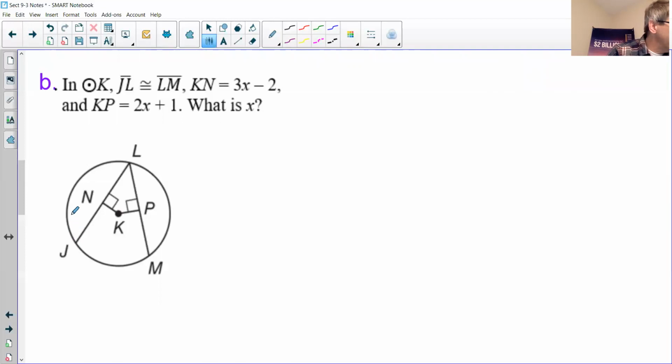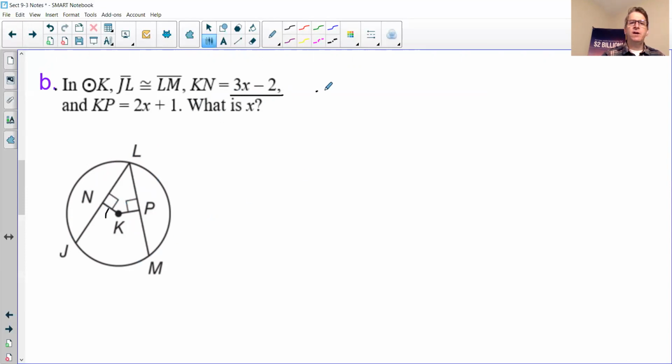And it says here, KN is 3x minus 2, and KP is 2x plus 1. We're also told that these chords are congruent, so we can conclude that these distances are going to be congruent to each other.